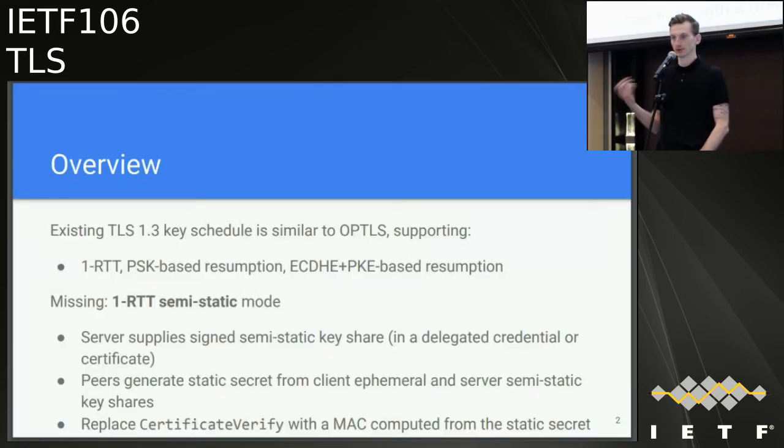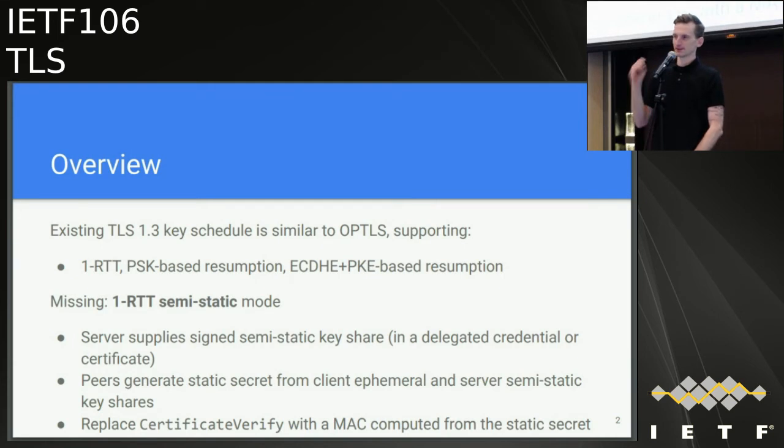So for those of you that are not familiar, the semi-static Diffie-Hellman is basically plugging a hole in the OP-TLS design that was not yet filled by TLS 1.3, which supports the normal 1RTT case, non-semi-static, where the server actually gives you a certificate instead of a Diffie-Hellman key share, and then both PSK variants.